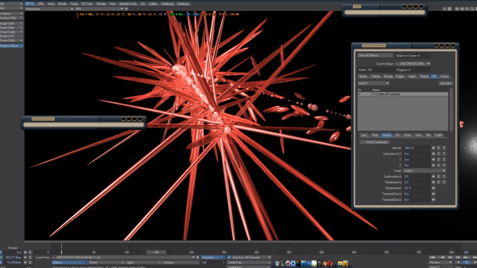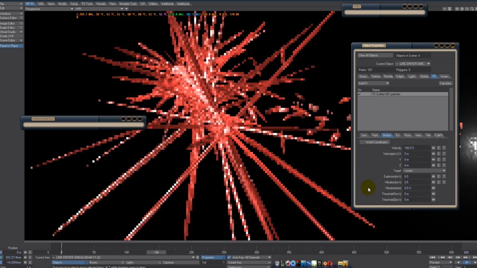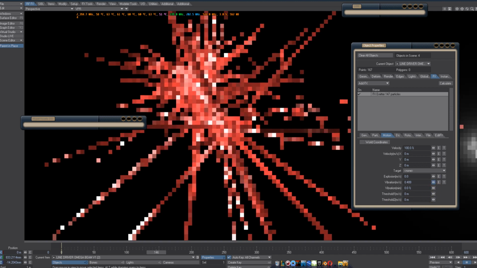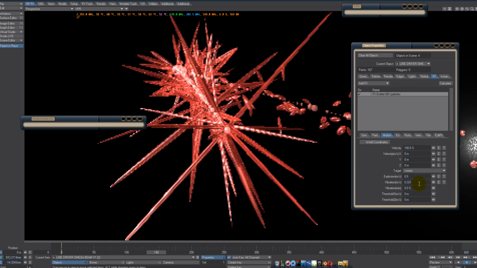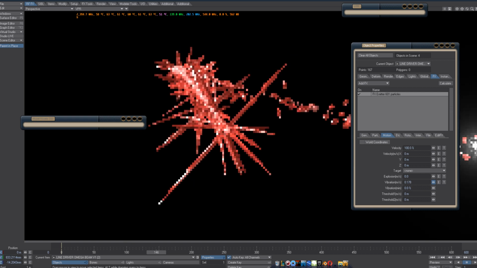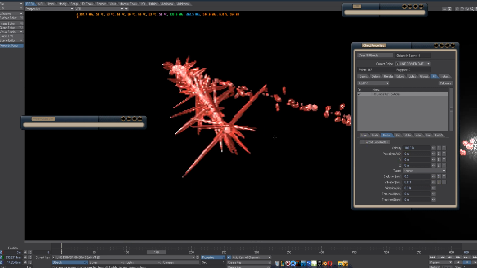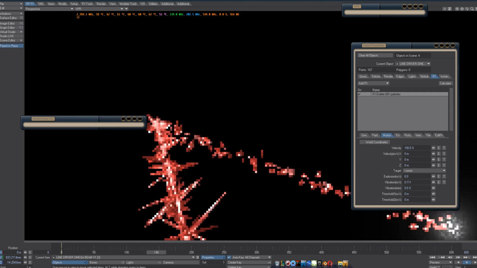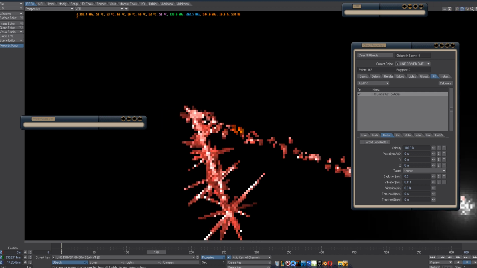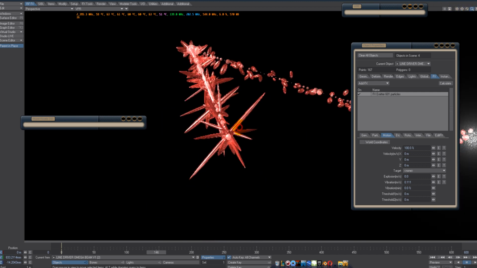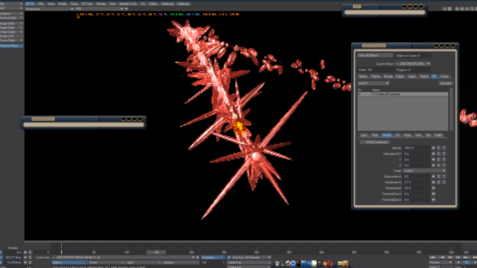Okay, so if I bring this all the way back down to 0, so that is actually quite a cool effect.